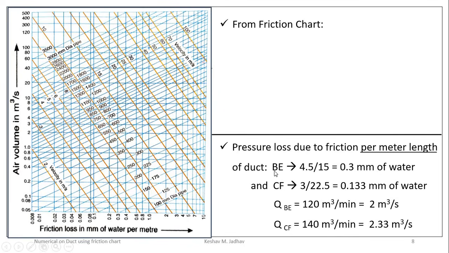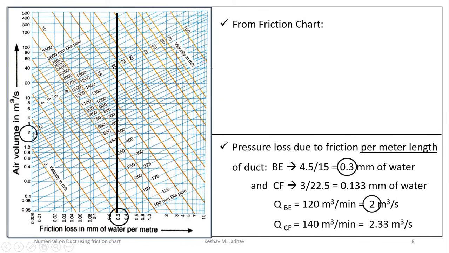So from the friction chart for branch BE, we have pressure loss due to friction per meter length of duct equal to 0.3 mm of water. So we can locate that point, which is here, and we can draw one vertical line from that point, and the value of air volume flow rate for section BE is equal to 2 meter cube per second.